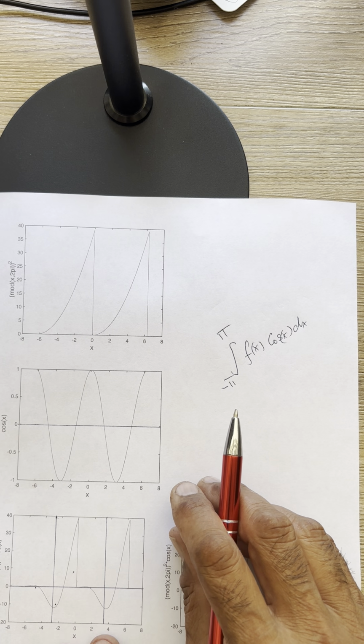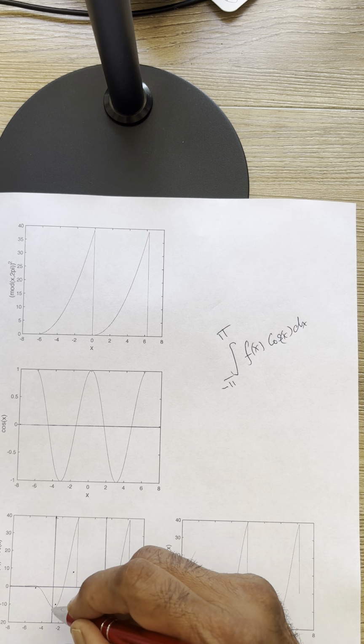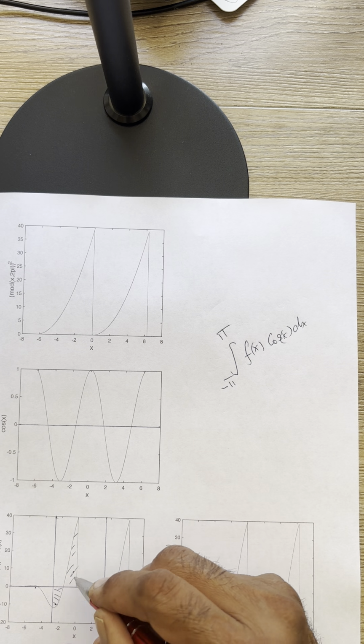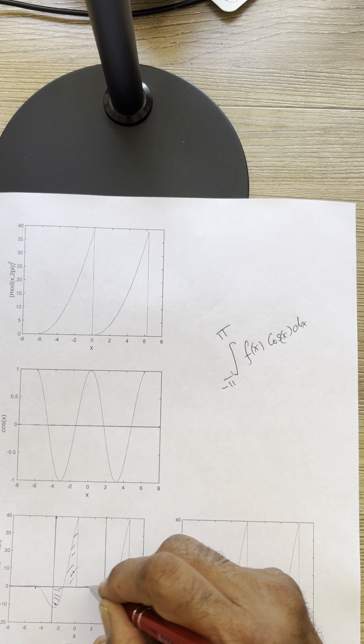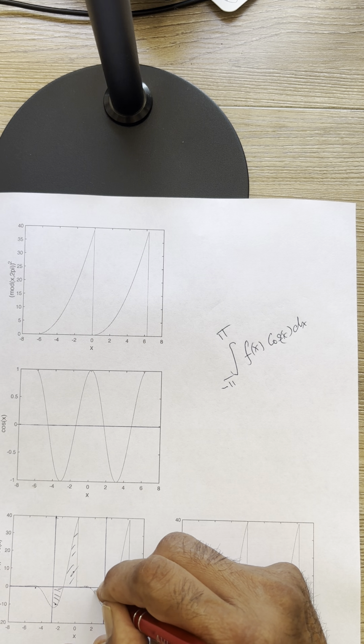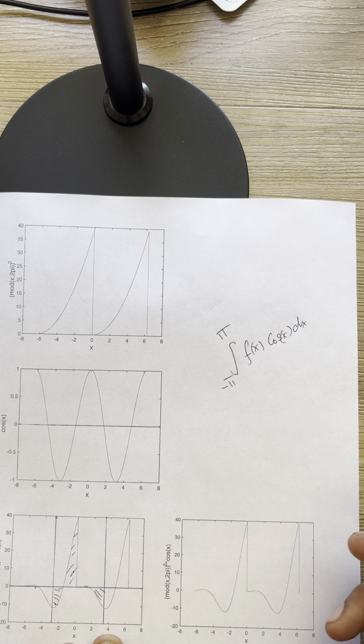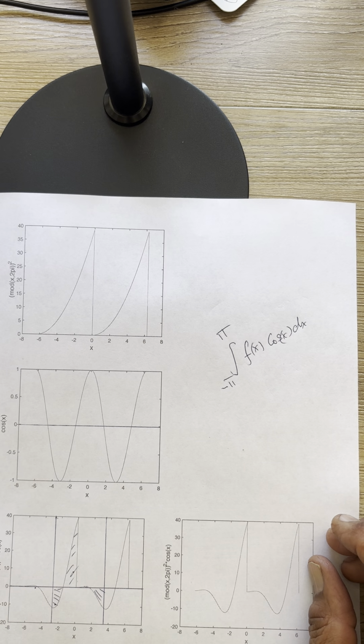So the integral, which is the area under the curve, would be this negative value, this positive value, a slight positive value, and a negative value. That is the area under the curve, the integral from minus pi to pi of f of x cosine x dx.